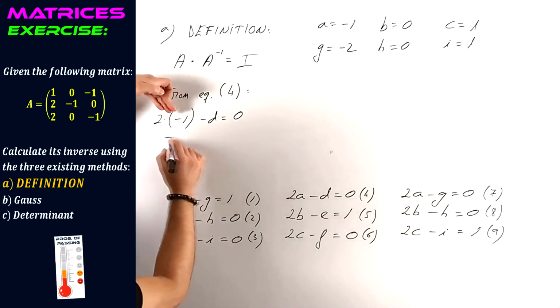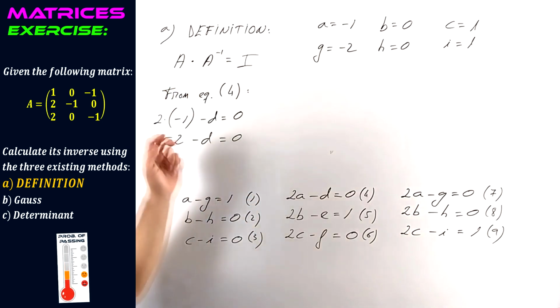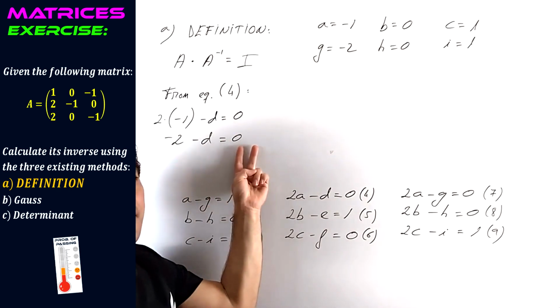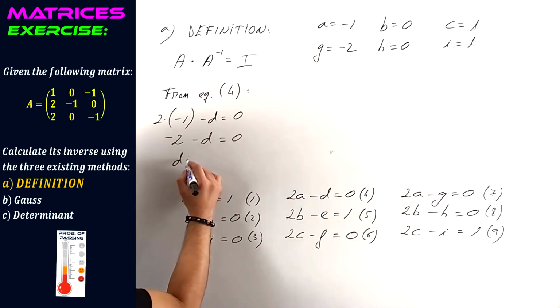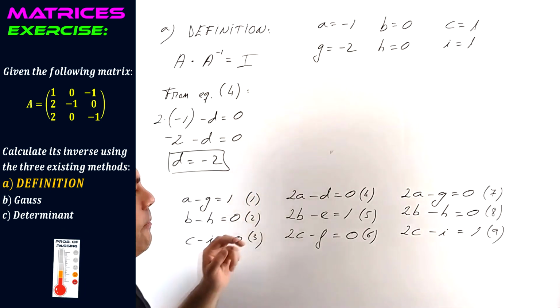That's it. Negative 2 minus D equals 0, where you can imagine variable D flying to the right in the form of D equals negative 2. D equals negative 2. See how easy it is?